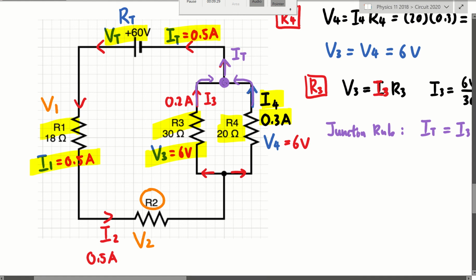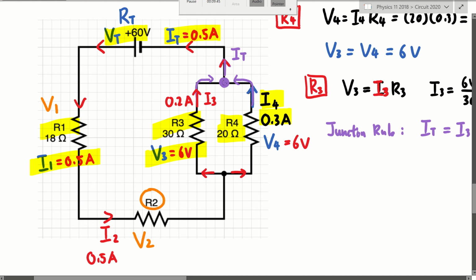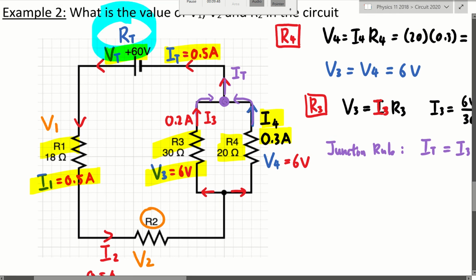Now you might say, Mr. Chang, why didn't you continue with what you were thinking earlier, which is figuring out our R total? Okay, it helps actually. Think about this. If I do R total right now, I'm going to highlight in blue. If I do R total right now, then what is my next step?